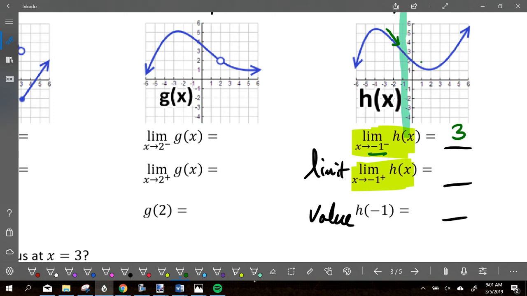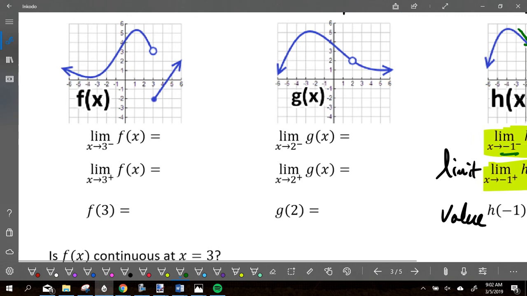As I approach -1 from the right-hand side, what am I getting closer to? 3. The value, or in other words, what is the closed dot? Is there a closed dot at -1? Yeah, it's right there. It is 3. Are all three of those things equal to each other? Then it's continuous. The left, the middle, and the right need to be all equal to each other. If they are, it's continuous.